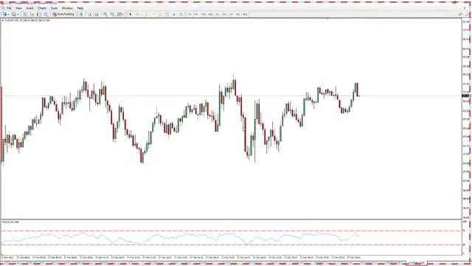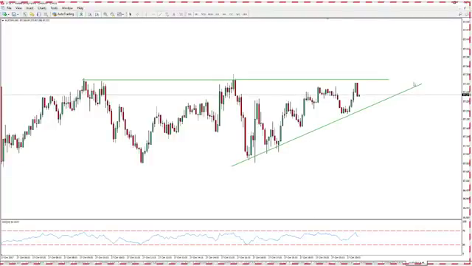So right now we have a triangle that I can see just right here. This is a 5-minute time frame, right? You can see that we've got a little bit of a triangle forming right here. So now we have the triangle, and this only took me a short period of time.